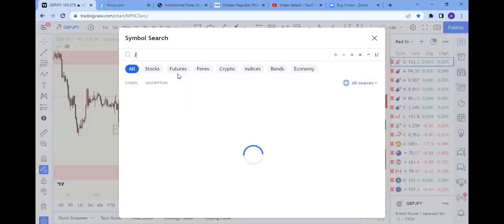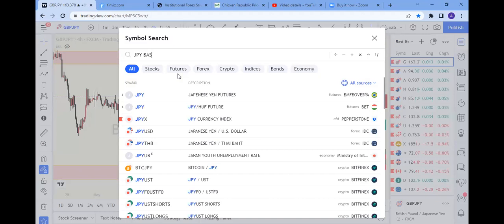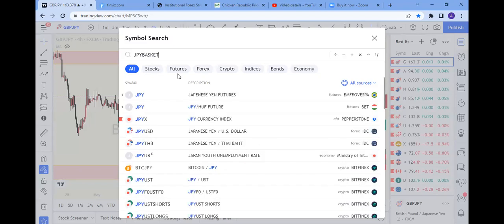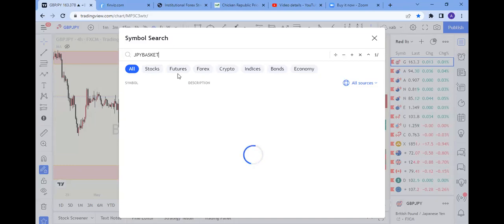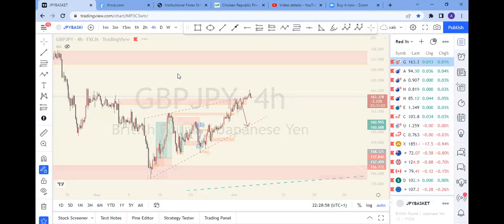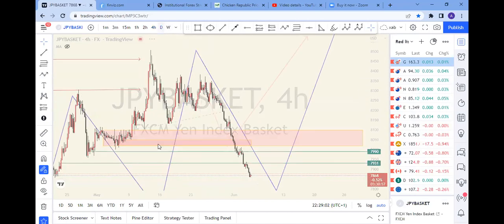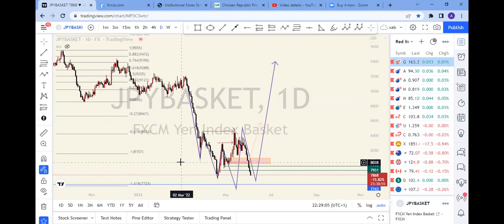Let's take a look at the JPY basket first. As you can see, this is the yen basket, and if you look here, you see that the analysis has been spot on.